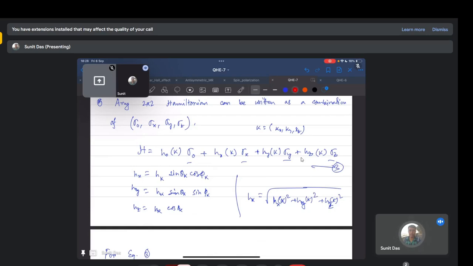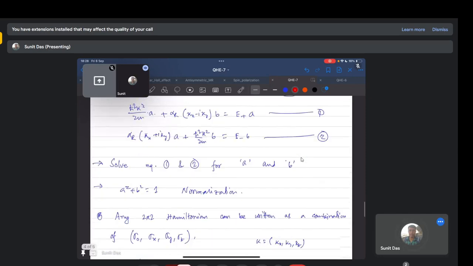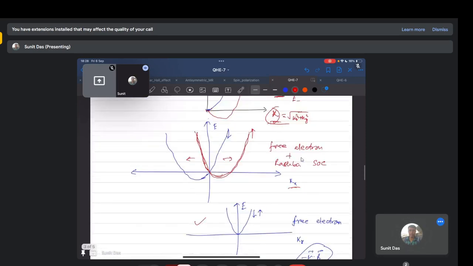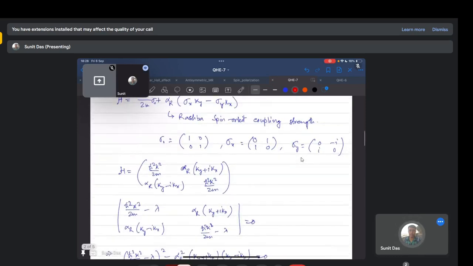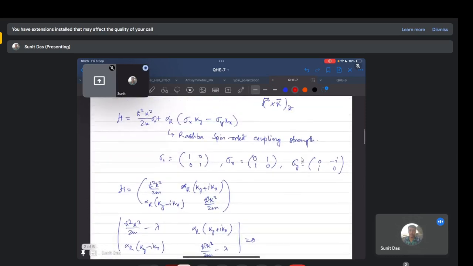So for comparison, for Rashba we had these three terms. h0 of k was simply h bar square k square by 2m, the free particle parabolic term. hx was the term associated with sigma x, which was plus alpha ky, and minus alpha kx was the term with sigma y.